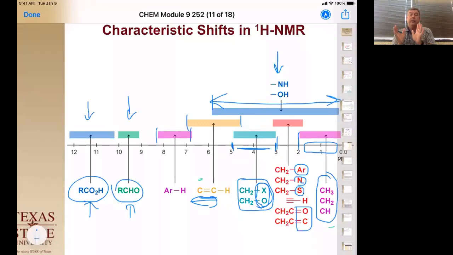So there's an argument for where these shifts are as you get more and more deshielded, more and more having an electronegative inductive effect, the further downfield they go.